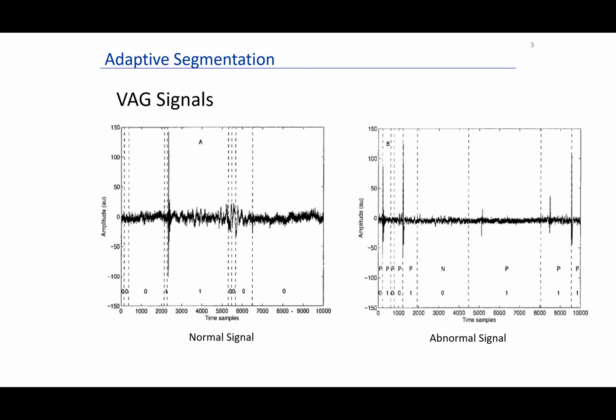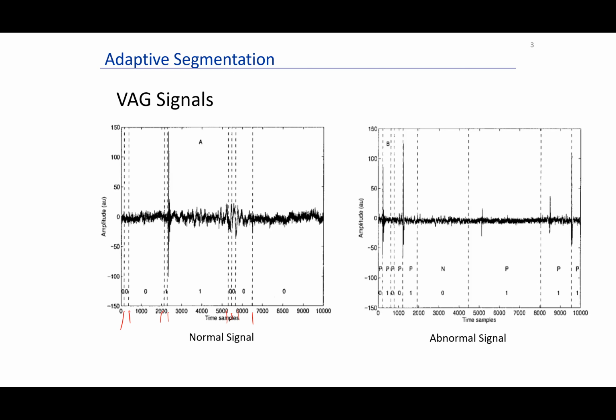Whereas by using adaptive segmentation, these are the boundaries, denoted by the dotted lines, obtained through the adaptive segmentation process, which might be as simple as tracking the learning curve or the error squared curve in a least mean squares (LMS) algorithm.